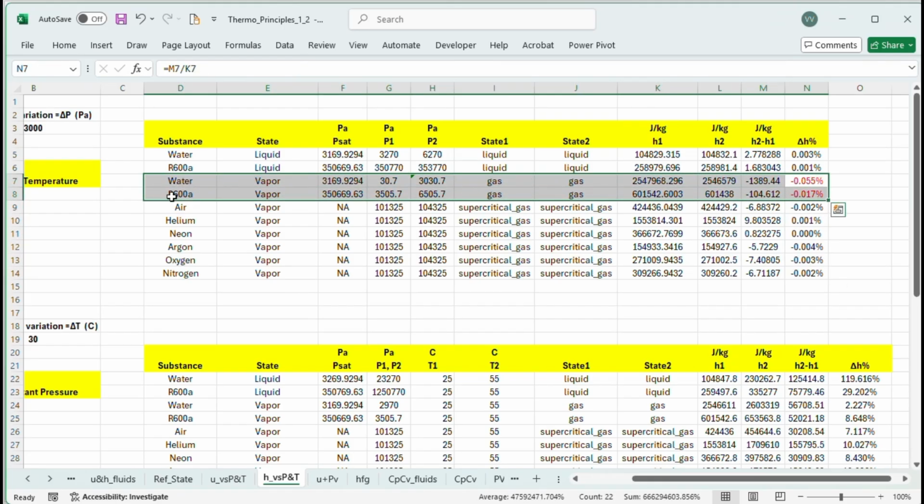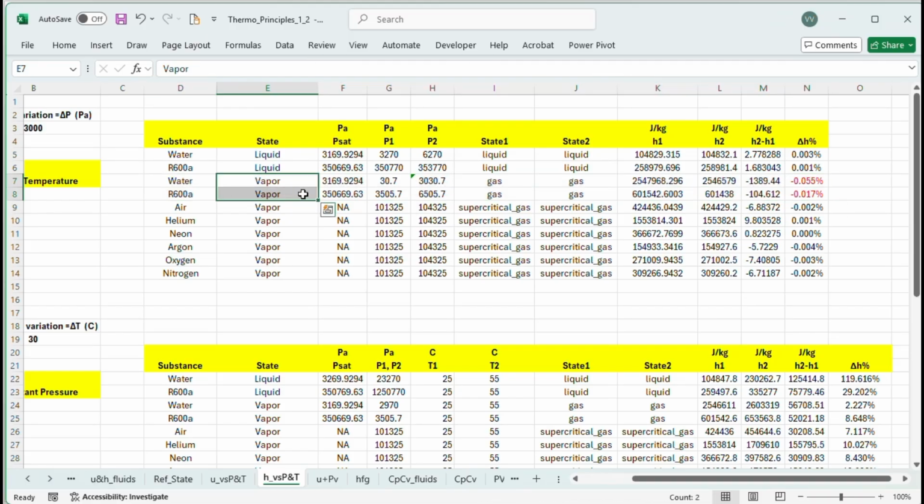For example, water and R600A, when they're close to their saturation conditions, do have bigger differences in enthalpy when there is a change in pressure.